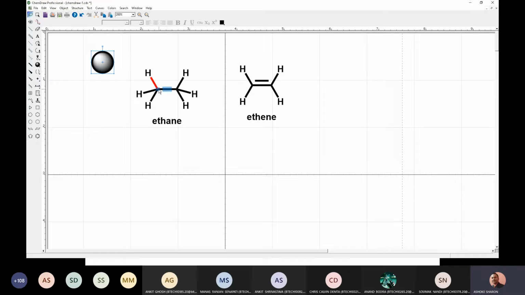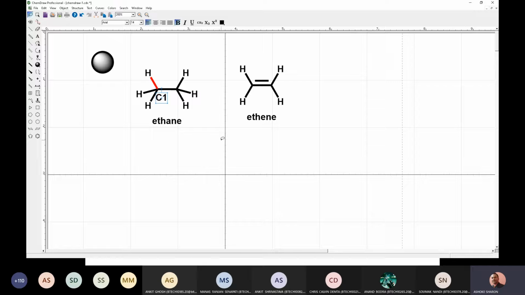Now about this carbon, if I say C1, how many orbitals are there at C1? How many orbitals are in sp3? Total number of orbitals? Four.